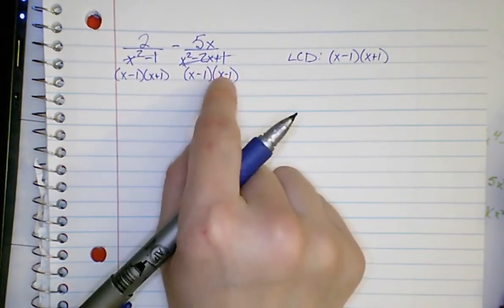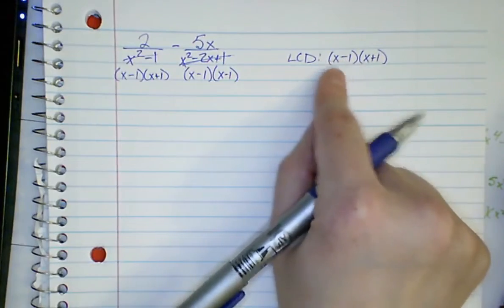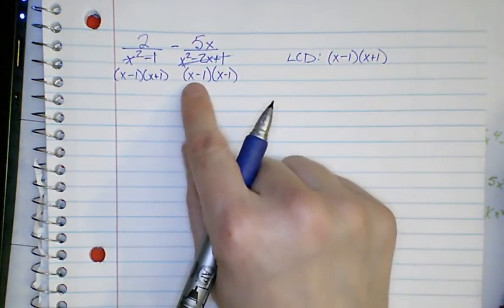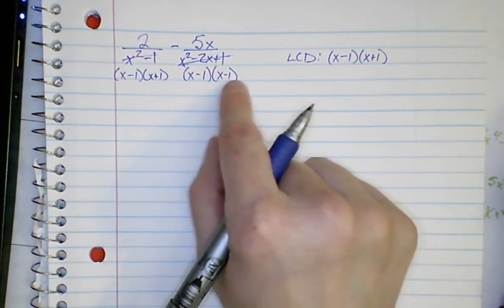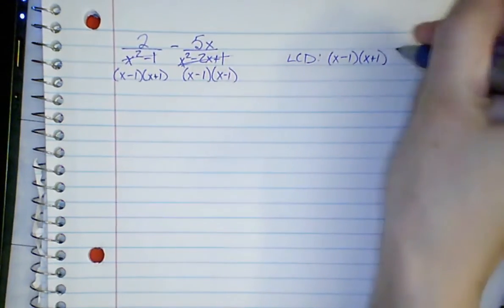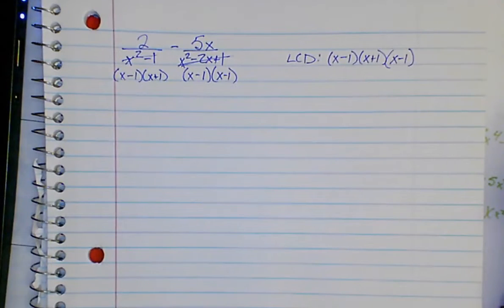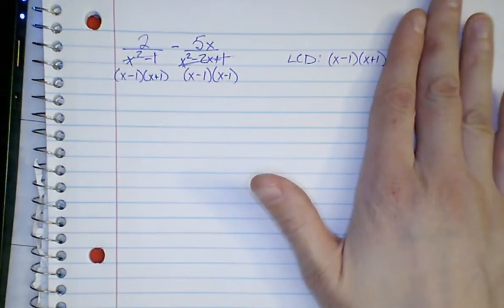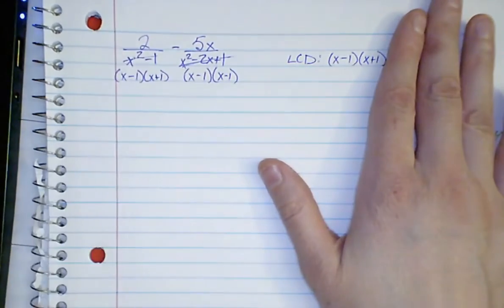So x minus 1 and x minus 1, if you look at our LCD so far, we have an x minus 1, so we can match one of the x minus 1s, but we are missing this twin, so you have to include it. Again, to figure out if you have the LCD, you can cover up any of the ones you want or need to match your original denominator.